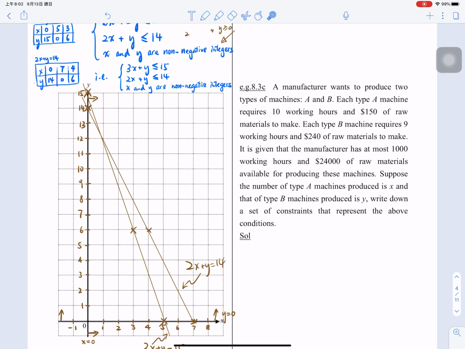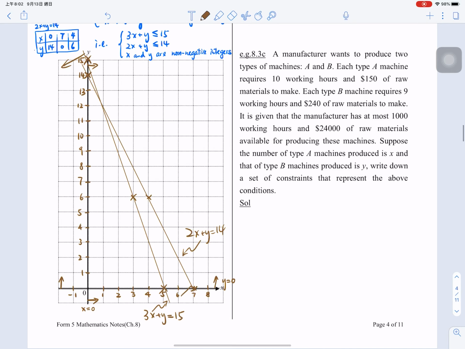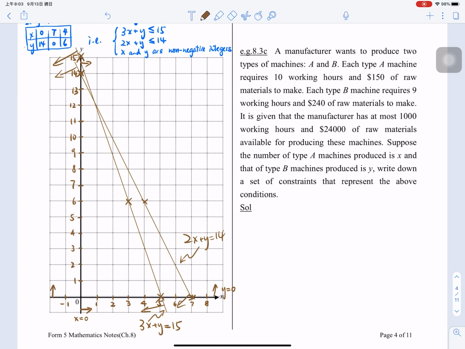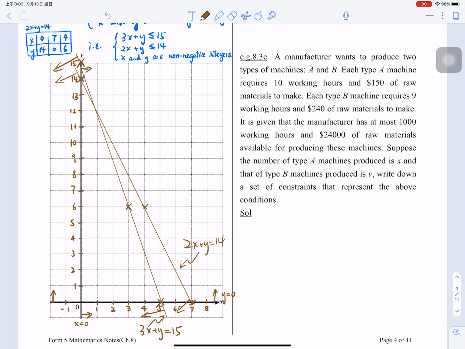Both smaller than 0 and positive y here. So lower half plane. That means we need to draw it like this. Okay. And this one and this one. Okay. So which part is the feasible solution?